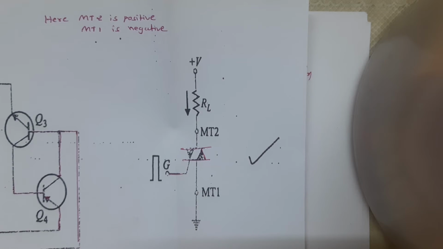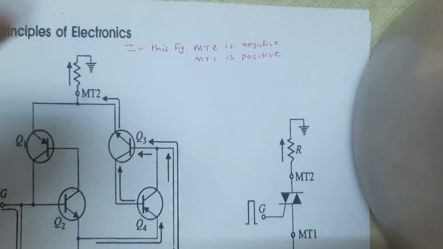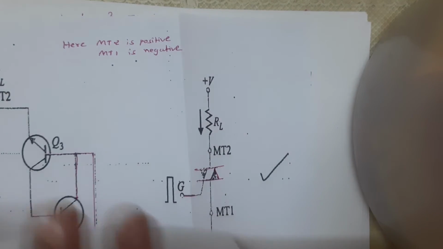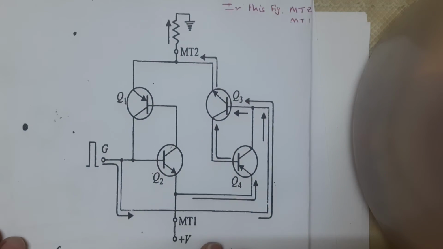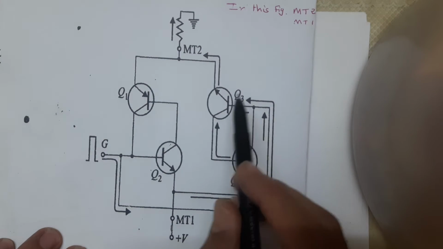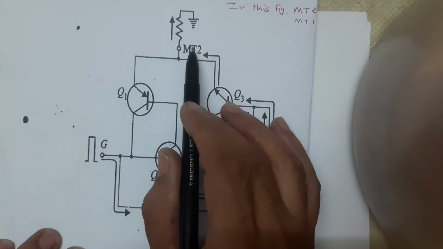Now the same thing, but when MT2 is negative with respect to MT1, that means MT1 is positive, the circuit diagram looks like this. The other, second SCR is in working condition. See, this is your MT2, this is your MT1, and this is in working condition because we have taken MT1 positive with respect to MT2.